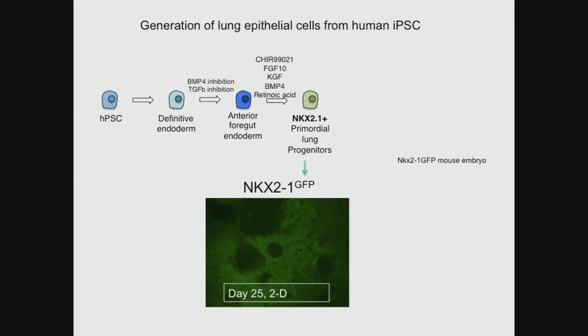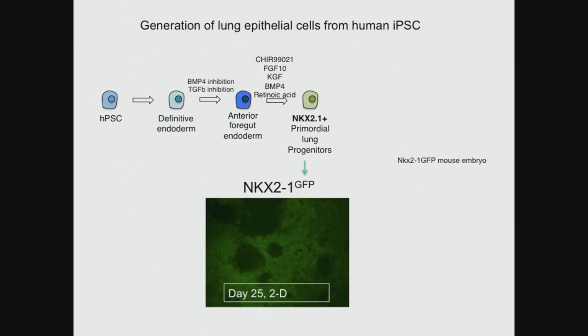And so this is a summary of our directed differentiation protocol. It's based on the Snook lab protocol with a few changes. So you take your pluripotent stem cells. Stage 1, derive definitive endoderm. Stage 2, derive anterior foregut endoderm by inhibiting BMP4 and TGF-beta with that combination of noggin, or we actually use dorsomorphin now because it's cheaper and seems to work a little better, and the TGF-beta inhibition with the small molecule SB431542.